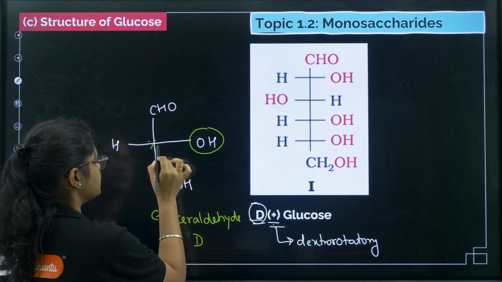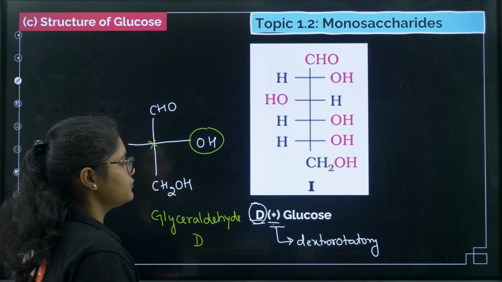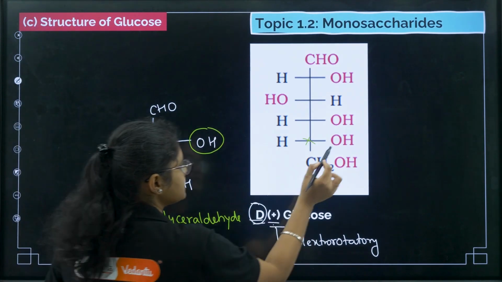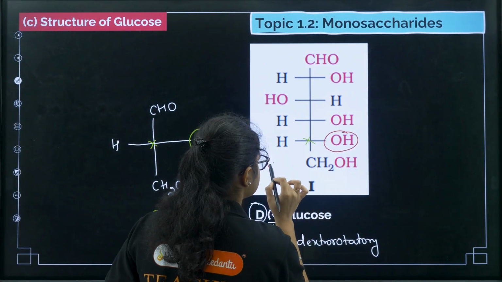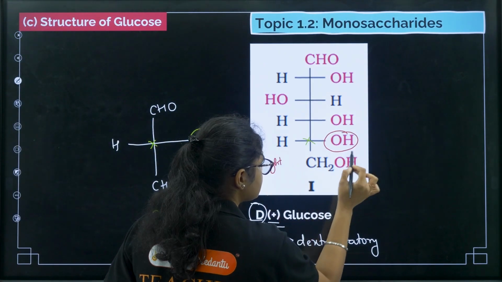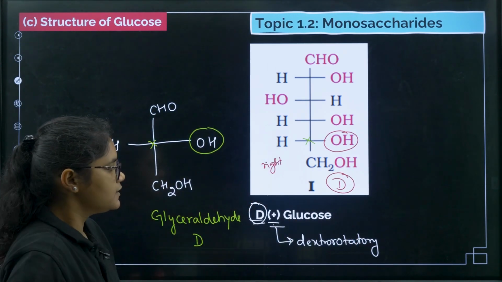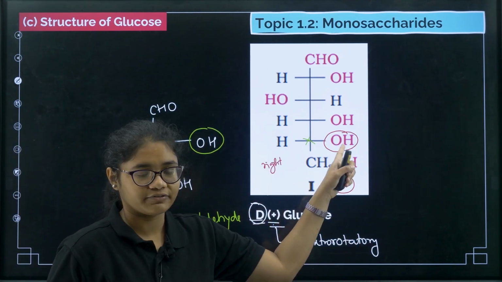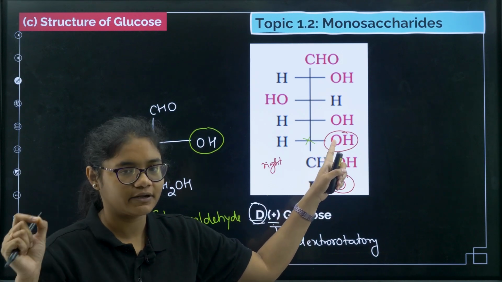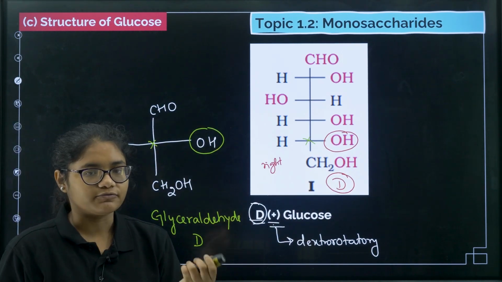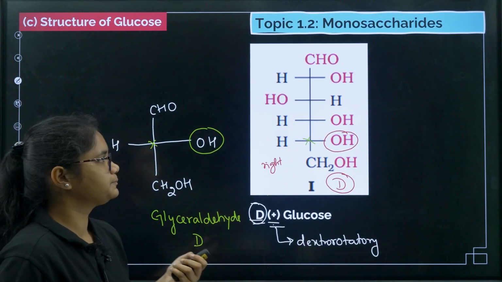The last asymmetric carbon. Here the OH is present on the right side, so we call it D plus glucose. So capital D represents the configuration of the last asymmetric carbon. Clear? That is how we finally deduce the structure of glucose.